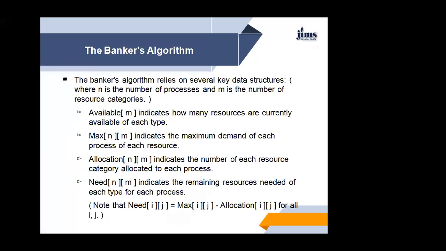Here you will have to note one point: Need[i][j] equals Max[i][j] minus Allocation[i][j] for all i, j. That is, whatever the maximum resources are, if we subtract the allocated resources, then the need can be identified.